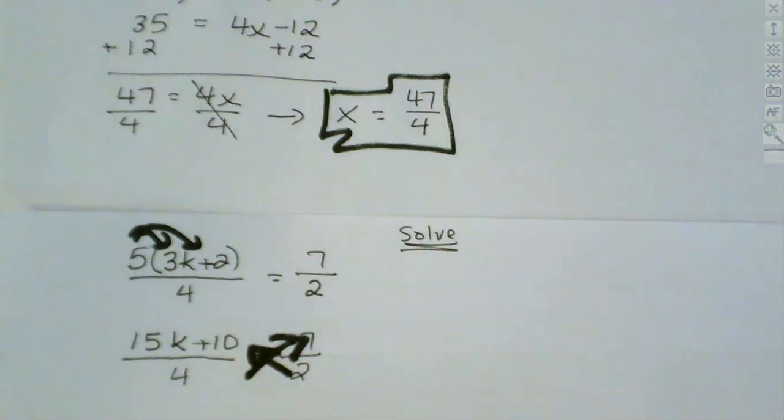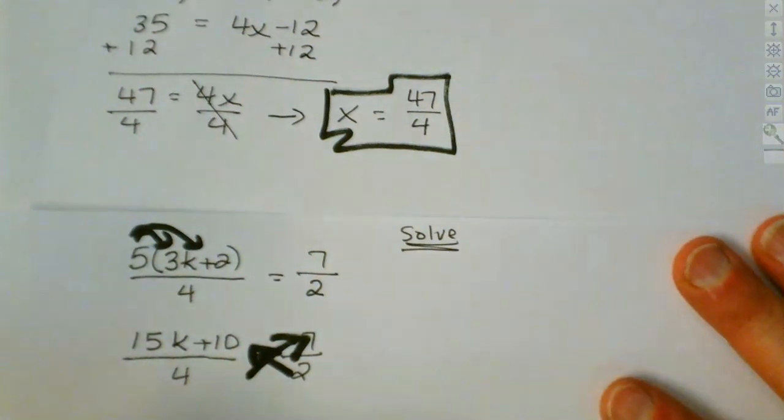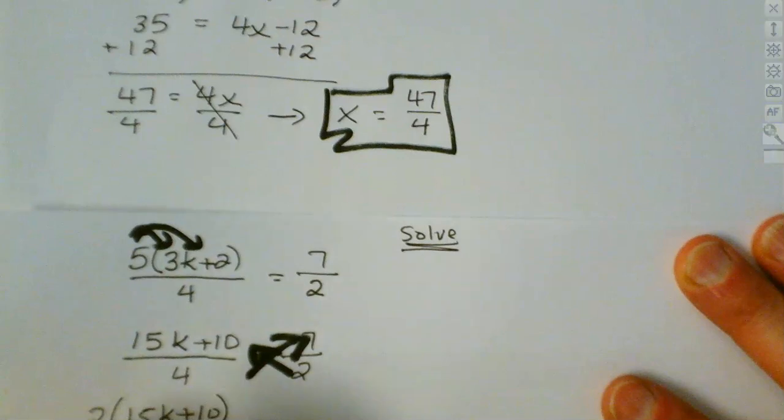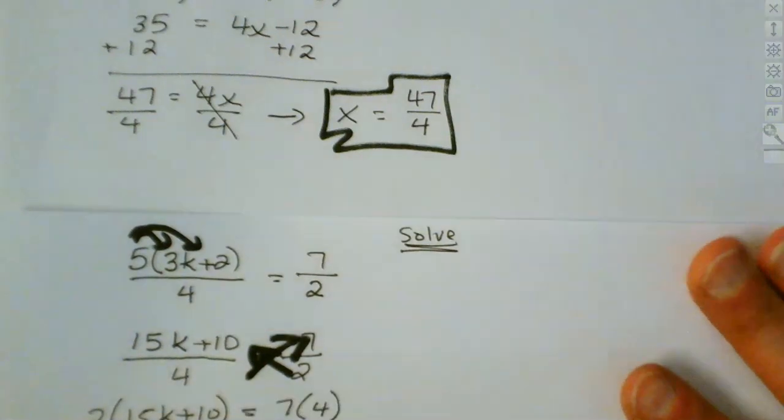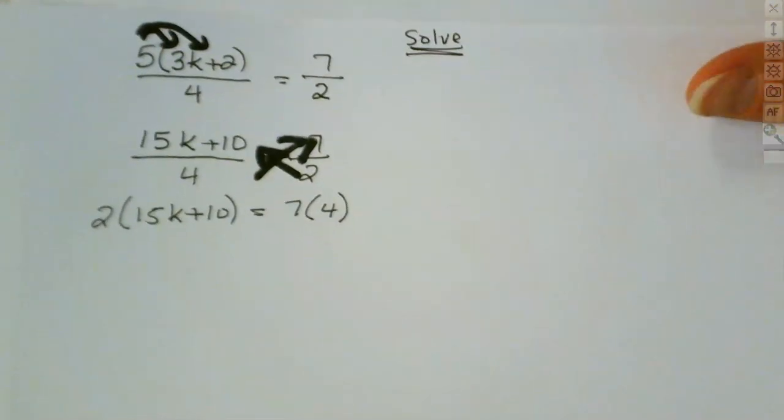Cross multiply. Okay, so what do we have? We have 2, use parentheses, (15k plus 10), and the other side is 7 times what? 7 times your 4 then. Now we need to finish it.